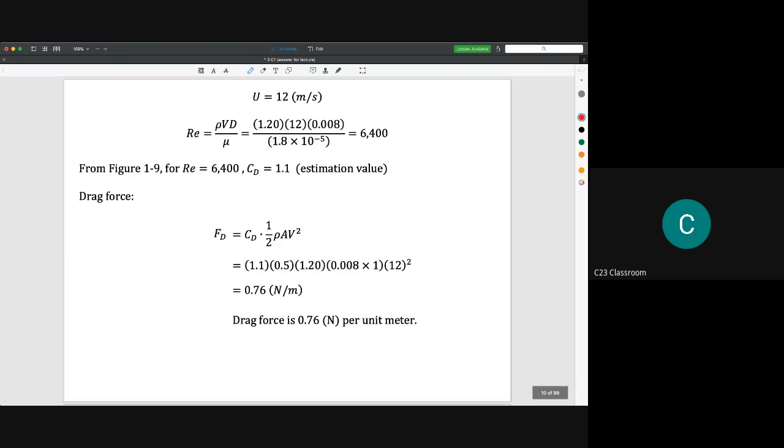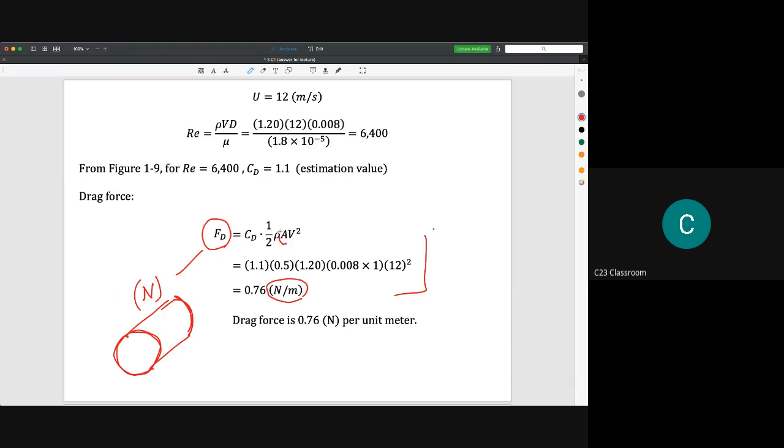Normally the force here is in Newton, but in fluid mechanics sometimes they give it in terms of Newton per meter, because we always calculate in two dimensions. For example, we have a circle here.